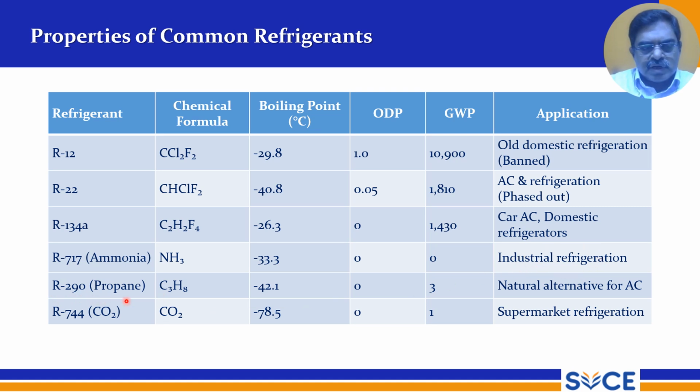And R290 propane, it is C3H8, minus 42.1, and if you see, the ODP is 0 and GWP is lower. It is used as a natural alternative for ACs, air conditioning systems. And R744, it is CO2, carbon dioxide, minus 78.5 boiling point, and ODP is 0 and GWP is 1, and it is used in supermarket refrigeration.